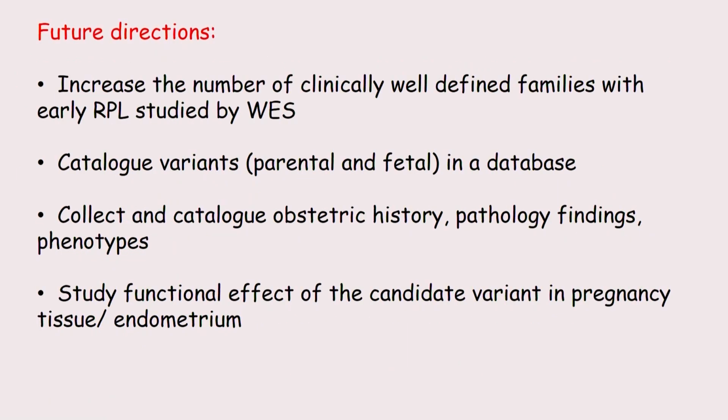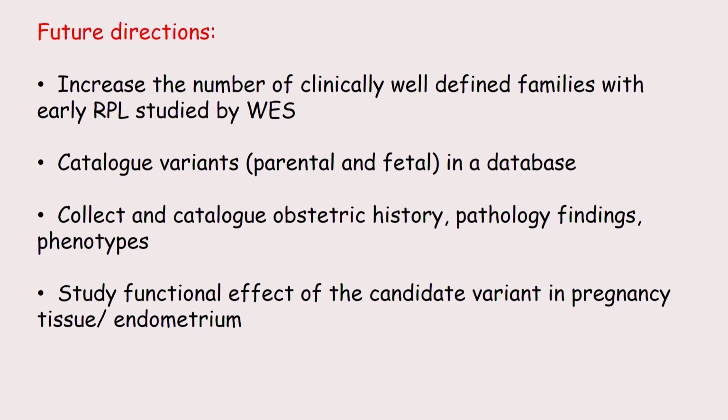Nevertheless, hopefully the number of studies will increase and inform us better of how to proceed. The directions that I think are important are to increase the number of clinically well-defined families with early recurrent pregnancy loss and study them by whole exome sequencing.